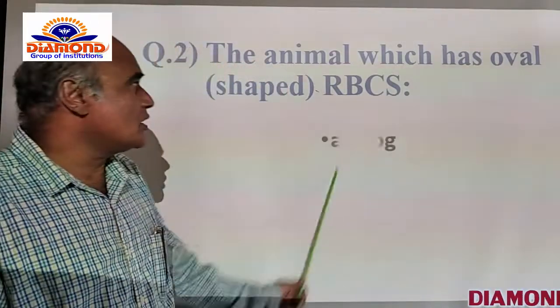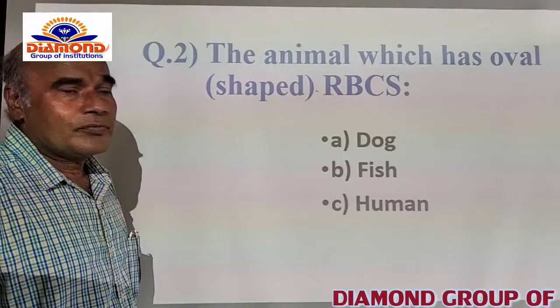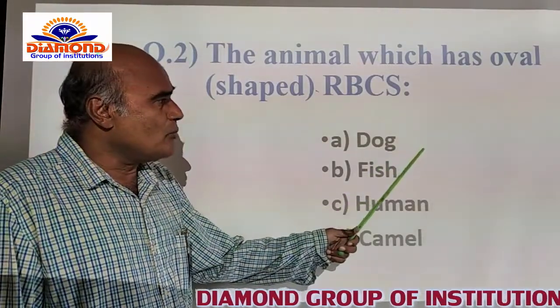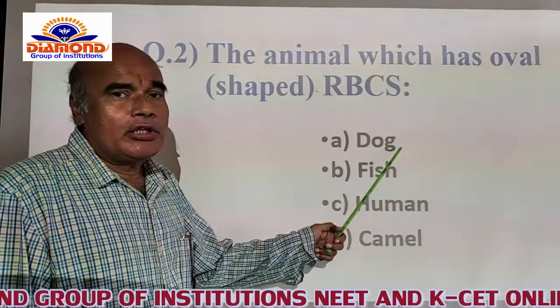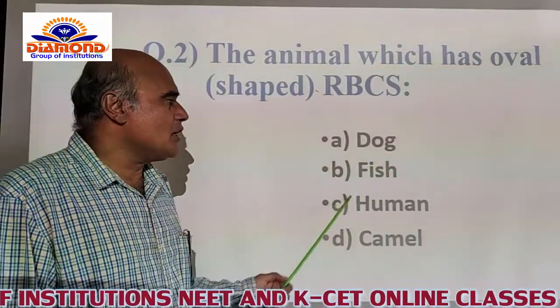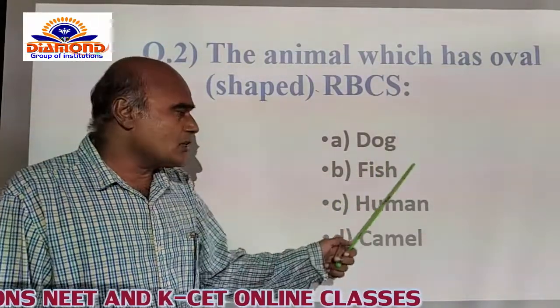Now the options are given like this. A, dog: of course dog is a mammal, and naturally biconcave shaped RBC are present. B, fish is not at all concerned with this.